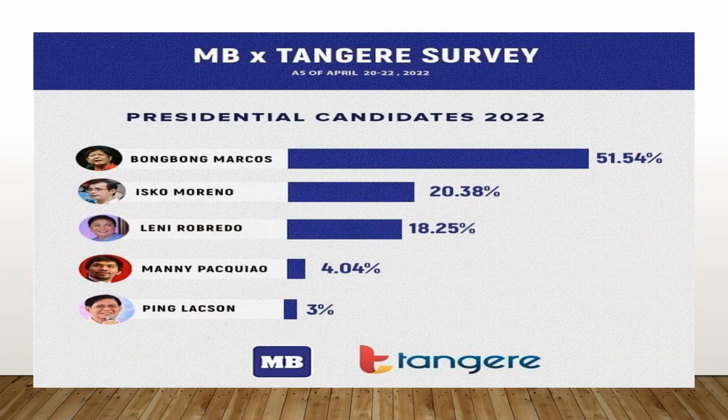So we have here a picture. I'm sure that you've seen this from our previous lesson. As we can see here, we have the percentage. We have the presidential candidates with the percentage from the survey.